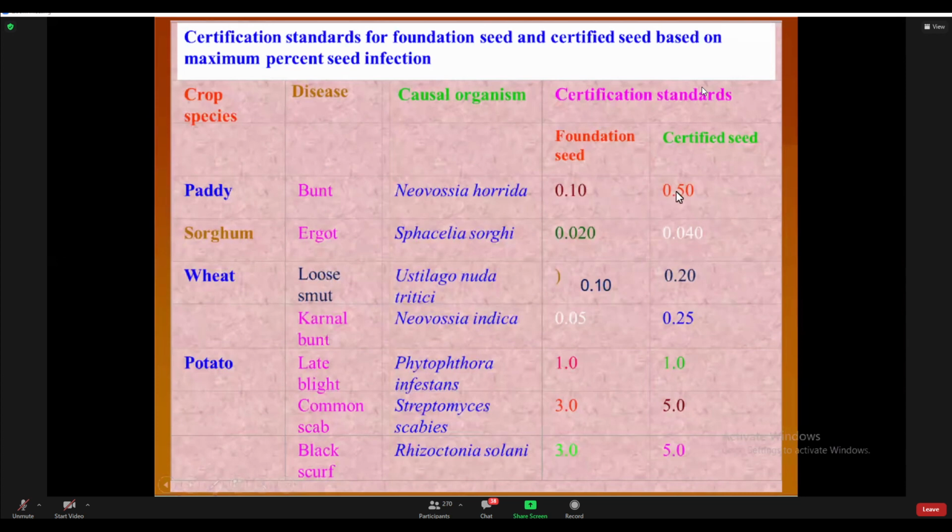You can see here, this certification standard varies from disease to disease, from crop to crop. You can see here for sorghum, if the disease is smut, the certification standard is 0.02% for foundation seed, and 0.04% for certified seed.